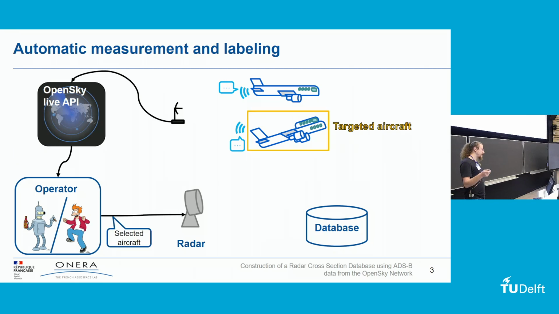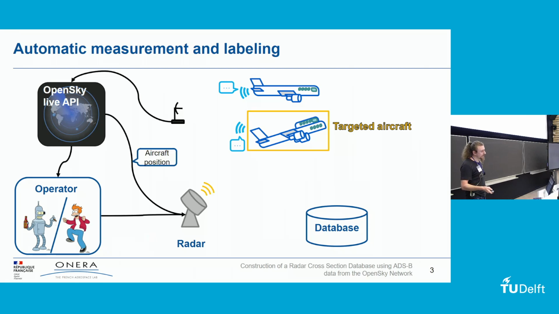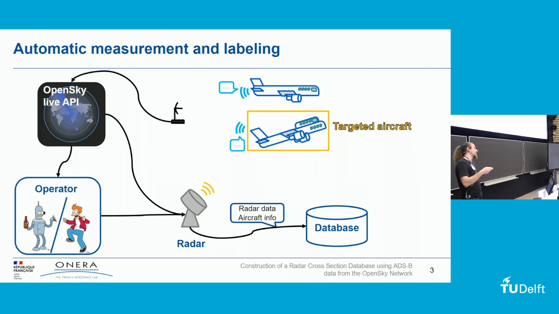Then the operator selects an aircraft, sends this information to the radar, which then gets the aircraft position and can aim at the aircraft, and then the radar data is recorded as long as the aircraft information are sent in our database.